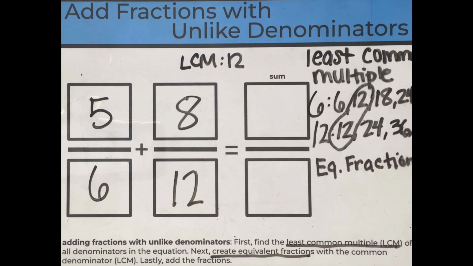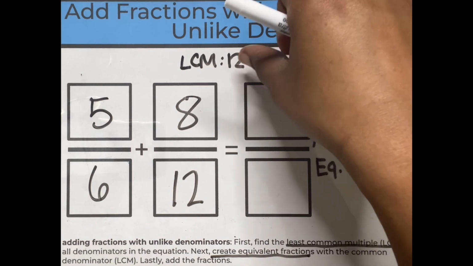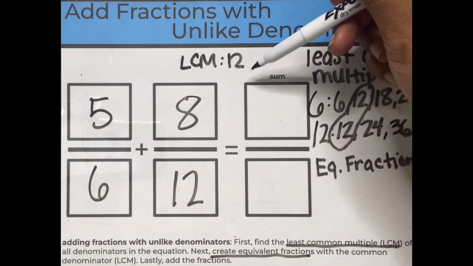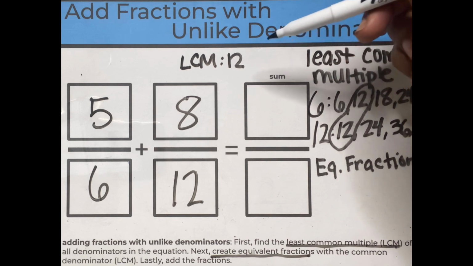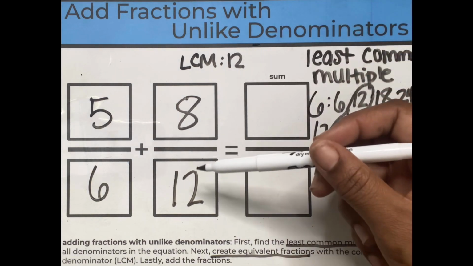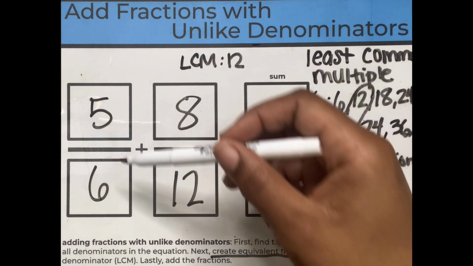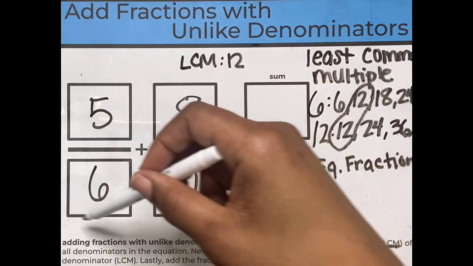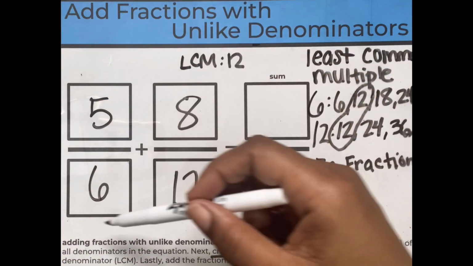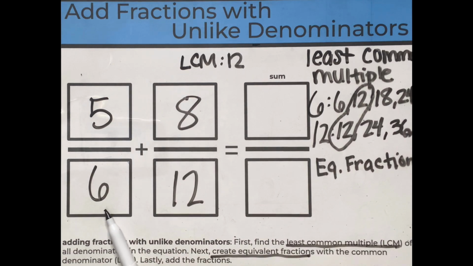So we're going to create an equivalent fraction for the fraction that doesn't have a 12 in the denominator. I want my fractions to be in twelfths. I already have 8/12 here. So what I'm going to create an equivalent for is this 5/6. Because is it in twelfths? No, it's in sixths.